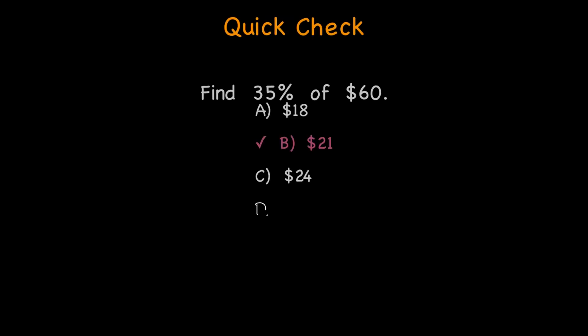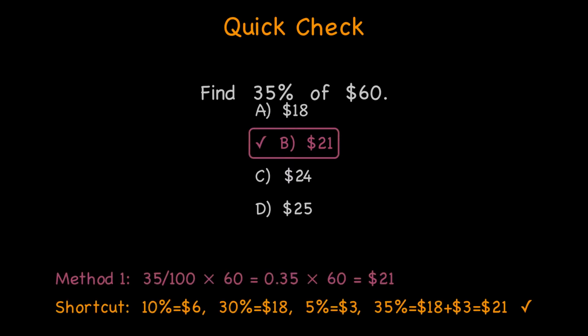Find 35% of $60. Is it A, $18, B, $21, C, $24, or D, $25? Work it out before I show you. The answer is B, $21.